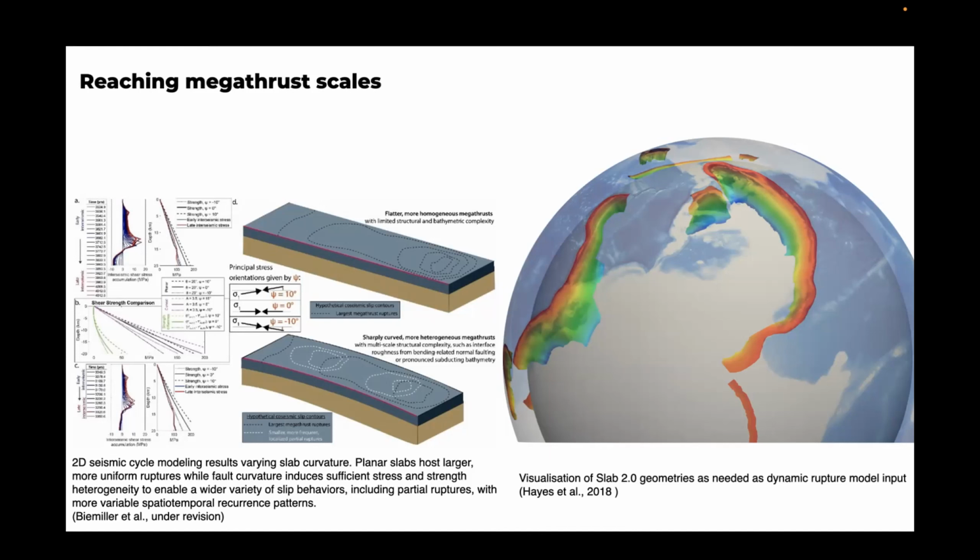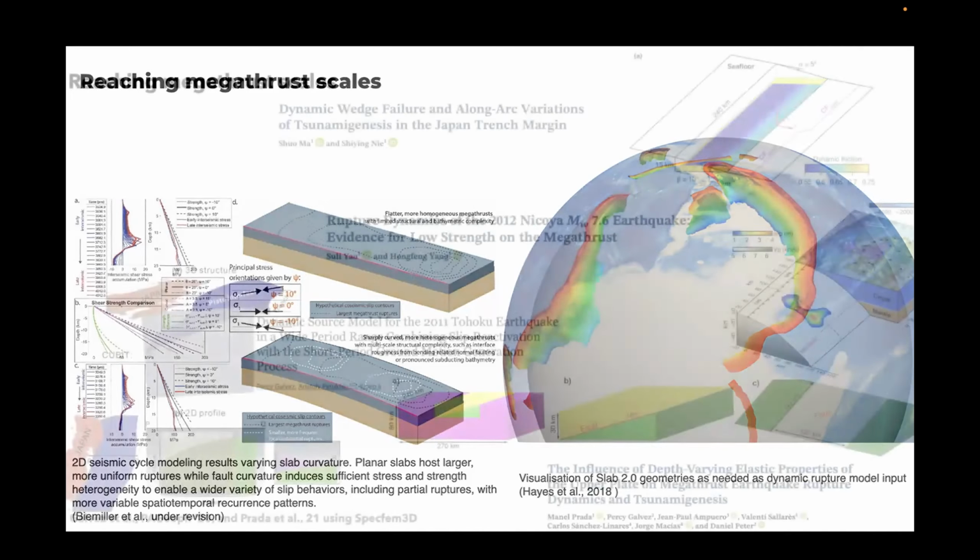We have been looking into 2D seismic cycle modeling results with varying slab curvature and found that, you know, there's a difference between planar slabs that host larger, more uniform rupture cycles, while fault curvature induces stress and strength heterogeneity to enable a wider variety of slip behavior, more partial ruptures, and more variable space-time recurrence patterns.